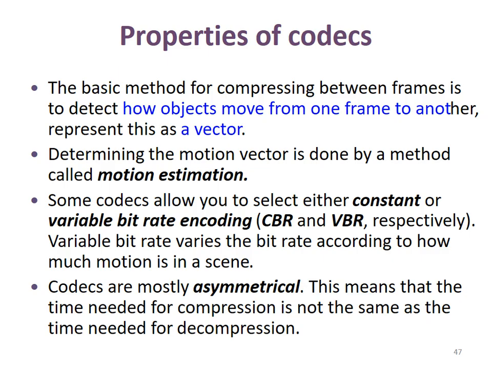All right, next let's see more properties of codec. The basic method for compression between frames is to detect how objects move from one frame to another, and then we can represent that as a vector. Maybe I can use the same example for you.